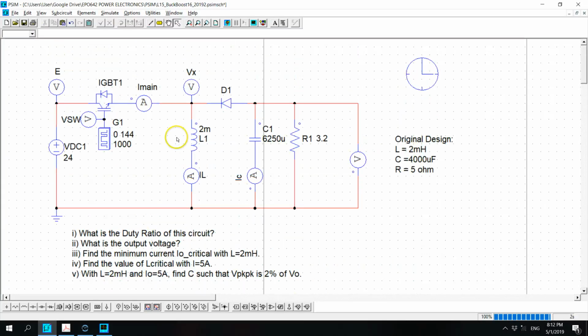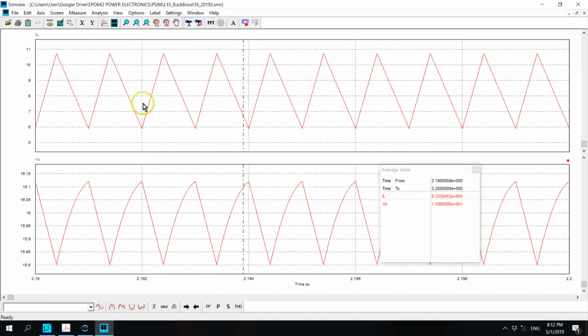Okay, and run the circuit, and we're going to measure the maximum peak and the minimum peak of the output voltage. Run again. Okay, the inductor current is continuous, and this is the output voltage. If I take the average again, it gives me 16 volt. Now I'm going to determine the Vmax.